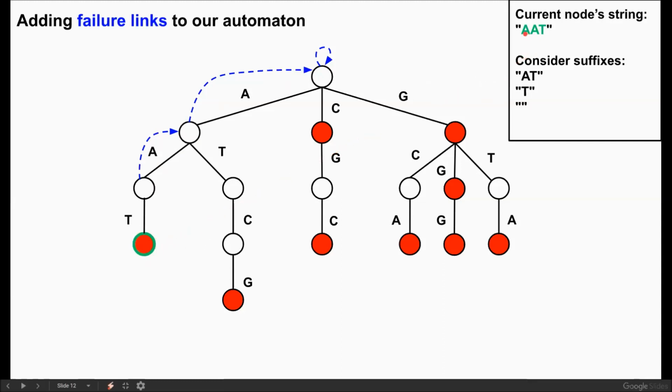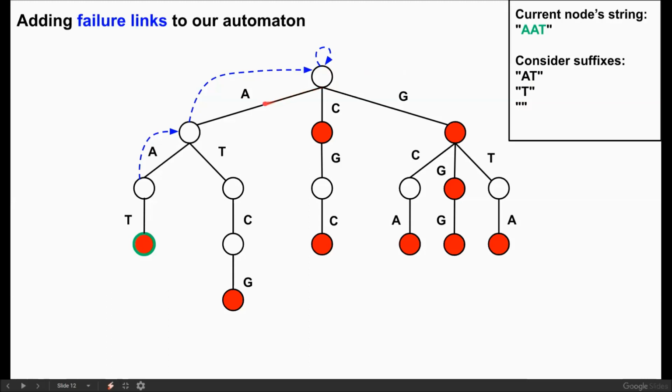So we're going to consider, again, all of the suffixes except for itself, in order from the longest suffix to the shortest suffix. So the first one we'll consider is AT, and if we don't find that, we'll look for T, and if we don't find that, we'll draw a failure link to the root node. So first let's look for AT. So we start at the root node, and if we're looking for AT, we first ask, does this have a child that is A?